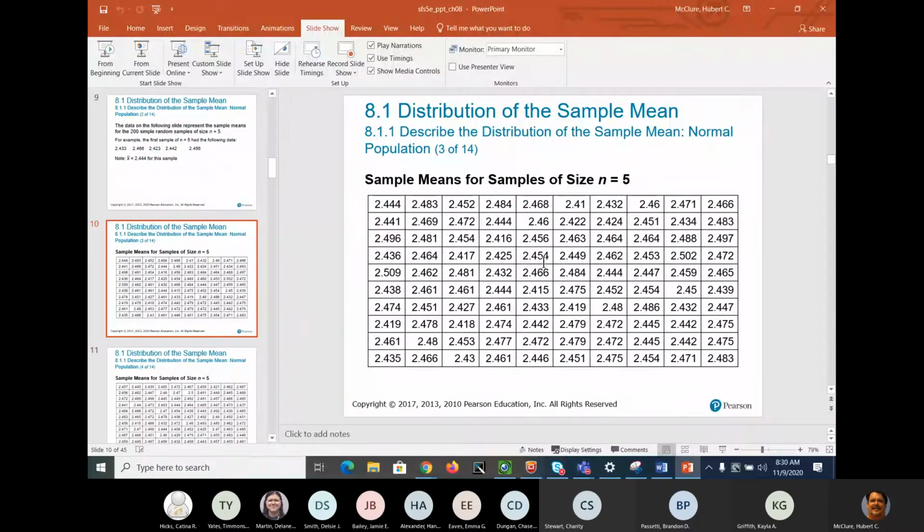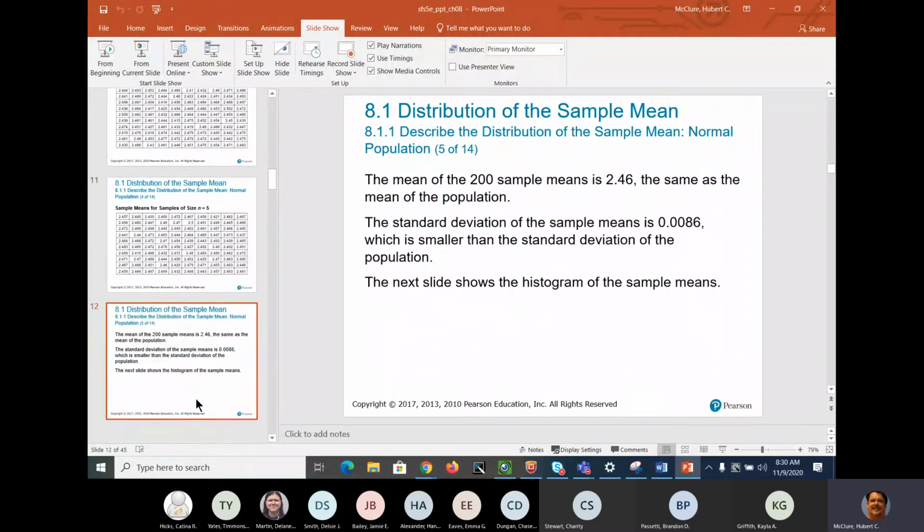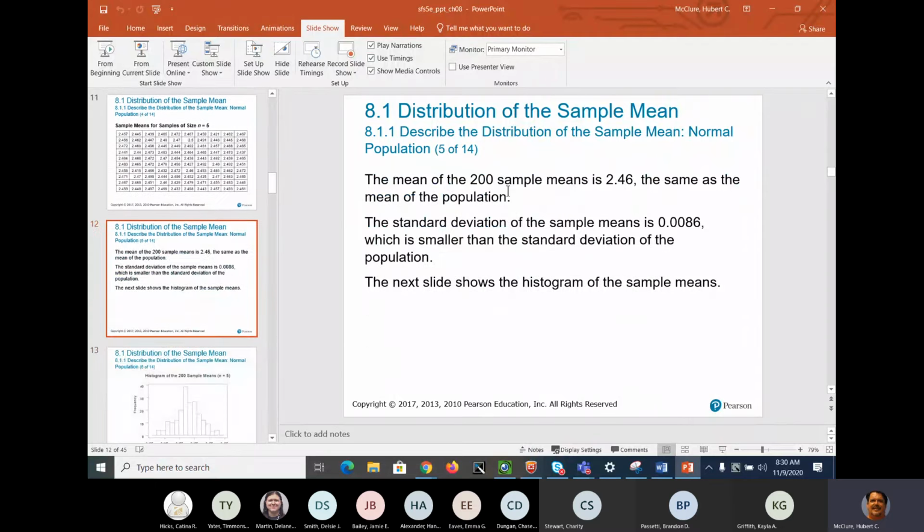And here's the second group. And then they go, the mean of the sample mean is 2.46, the same as the mean of the population. The standard deviation of the sample mean is 0.0086, which is smaller than the standard deviation of the population.